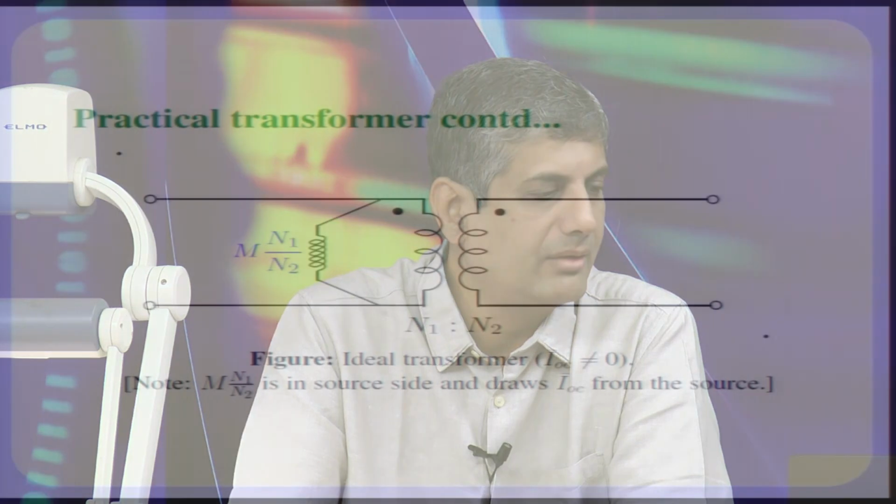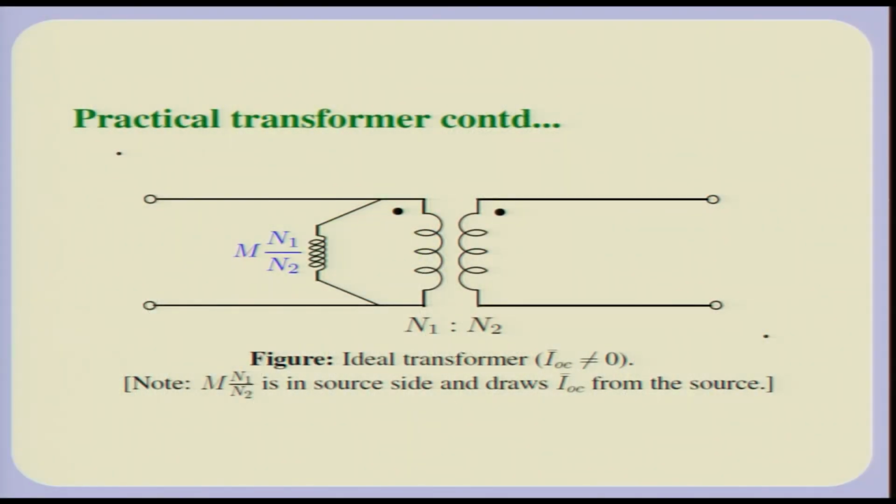What you have in a practical transformer is that there is an open circuited current also, and that is given by M into N1 by N2. Now, what we will do is treat this as an ideal transformer. An ideal transformer has V1 by V2 is equal to N1 by N2, and I1 by I2 is equal to minus N2 by N1 if the current direction is of course into the dot.